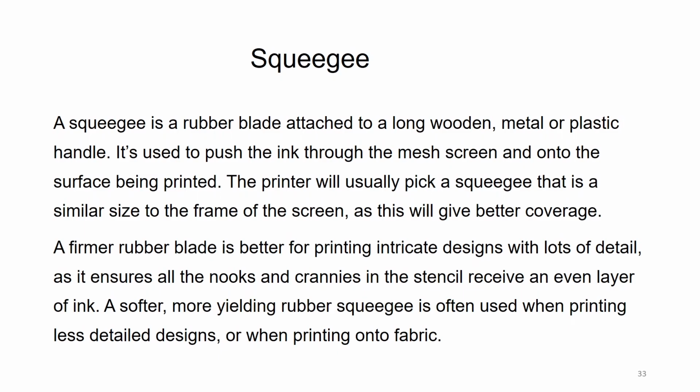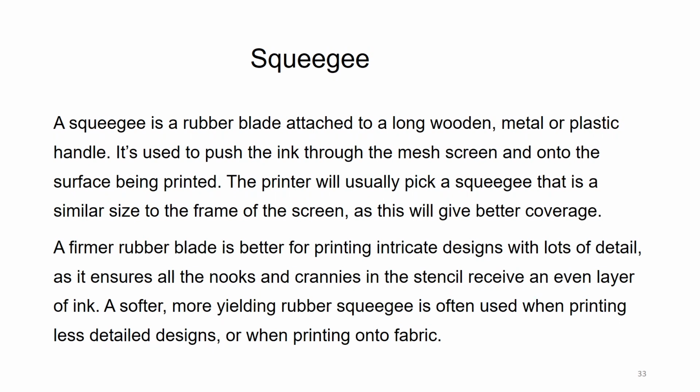A firmer rubber blade is better for printing intricate designs with lots of details, and it ensures all the nooks and crannies in the stencil receive an even layer of ink. A softer, more yielding rubber squeegee is often used when printing less detailed designs and/or when printing onto fabric.